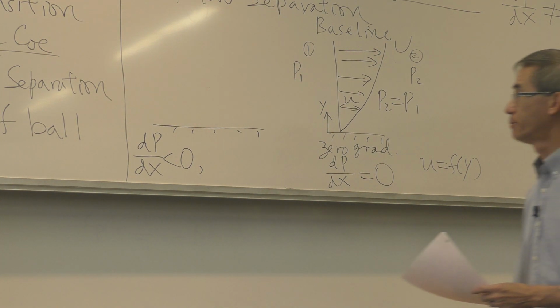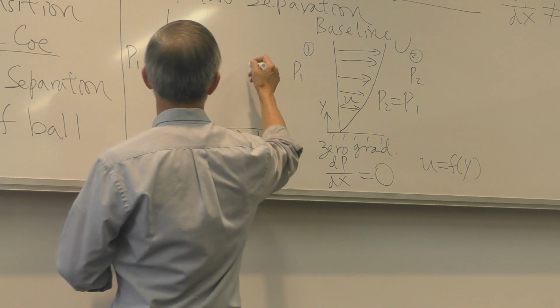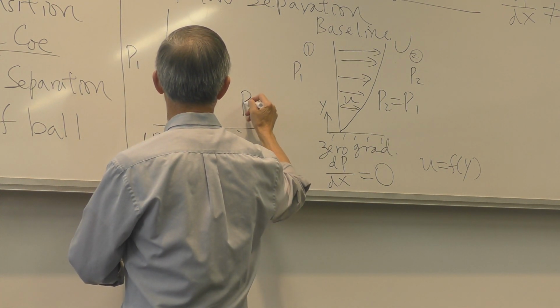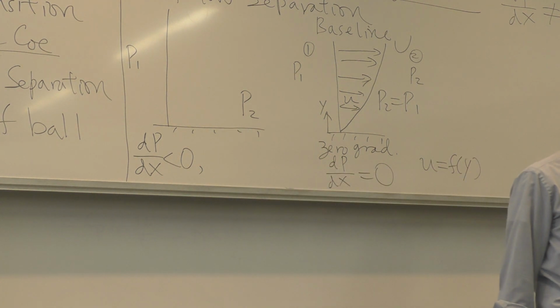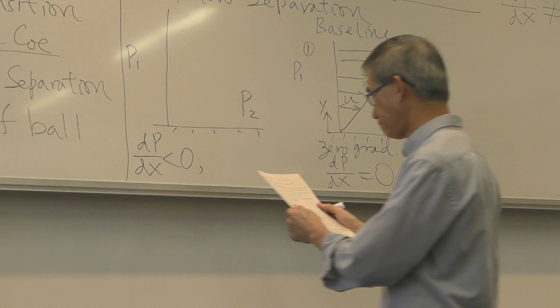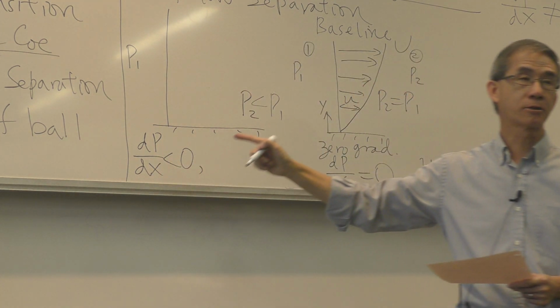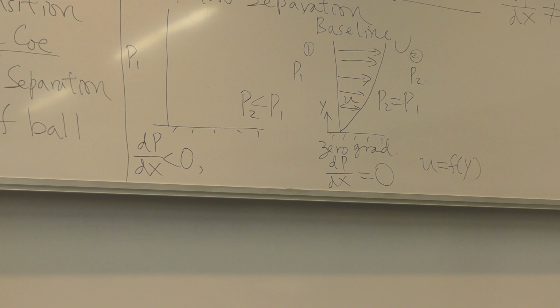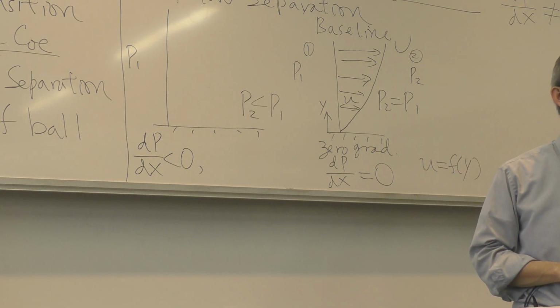Negative meaning if I have P1 as an upstream pressure, and now I have P2, which one is greater, based on dP/dx being negative? P1, because this says that in the direction of the flow, the pressure is dropping. It's negative. So it's 14 psi at P1, or maybe 10 psi at P2.